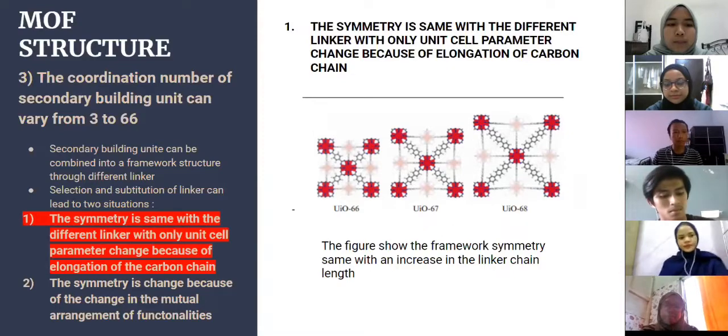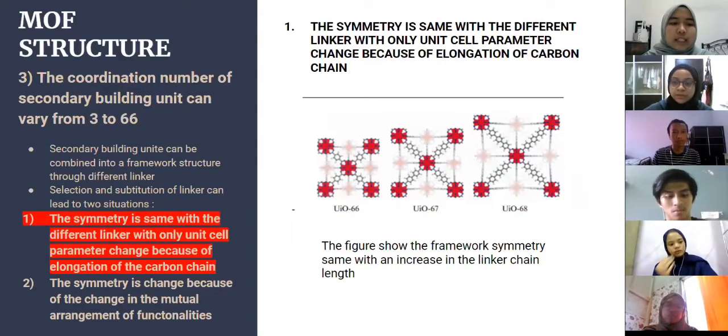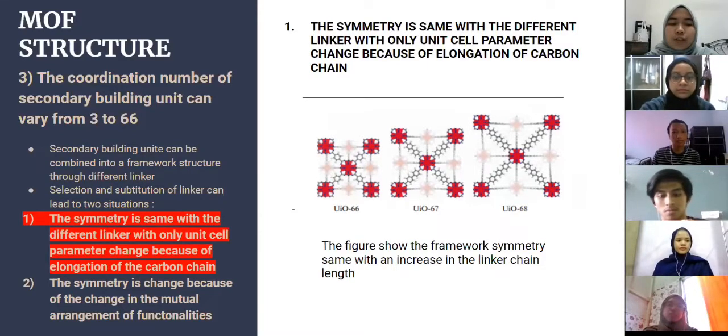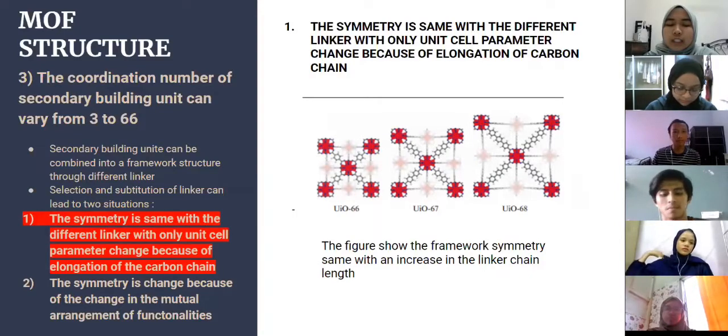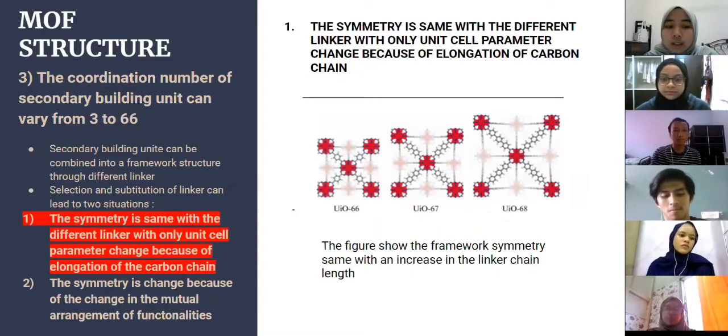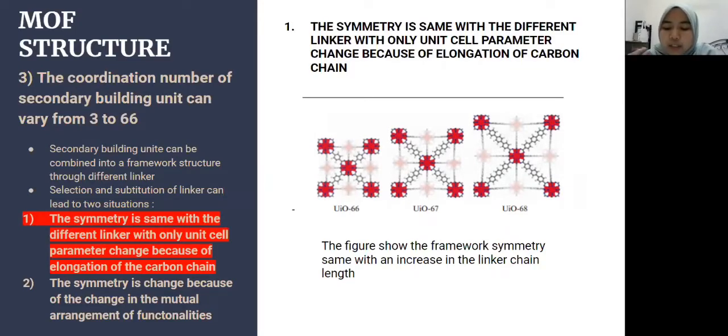The selection and substitution of linker can lead to two situations. The first one is that the symmetry is the same with different linker, with only the unit cell parameter changing because of elongation of the carbon chain. For explanation, the symmetry is the same but with a different linker and only the unit cell parameter changes.